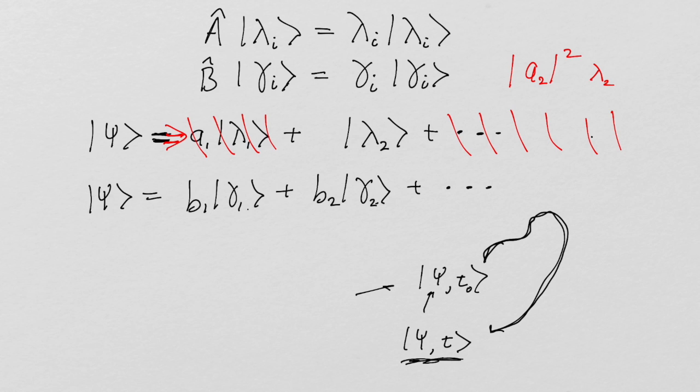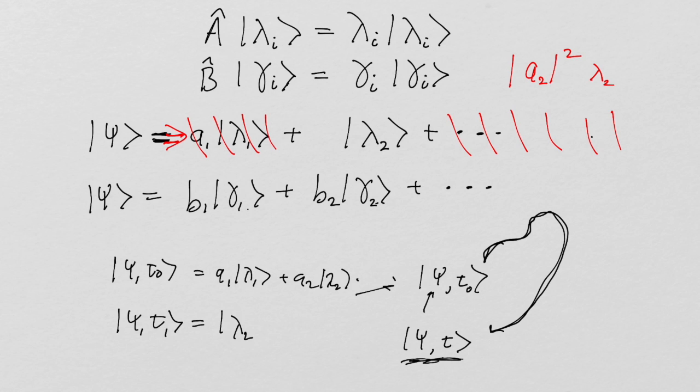You cannot say that the state psi at t0, if you make your measurement, equals a1 lambda 1 plus a2 lambda 2, etc. You cannot then say, oh, if I made my measurement at t1, then that suddenly equals lambda 2, right?